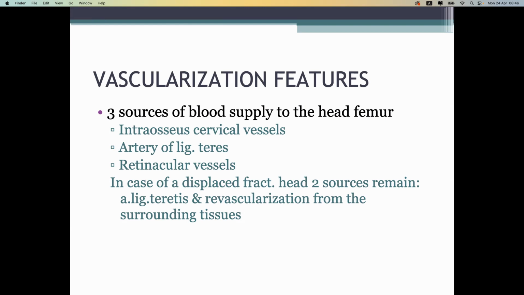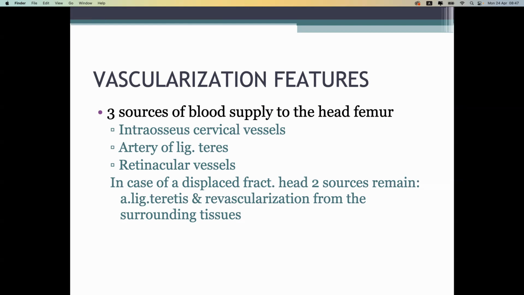Even if the fracture happens not to the head, but the neck or intertrochanteric region, the patient has more chance to have the complication called avascular necrosis. Okay, so there are 3 blood supply vessels, and these are intracervical vessel, artery of the ligament teres, and retinacular vessels.